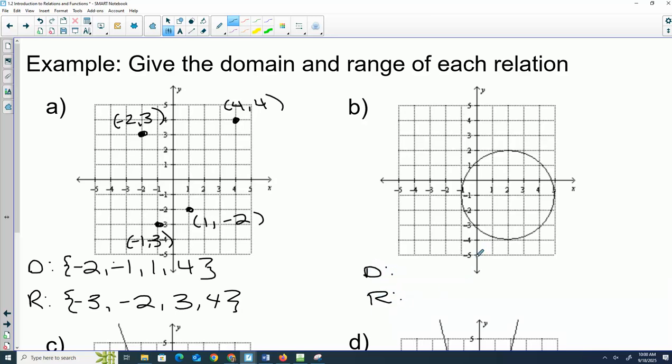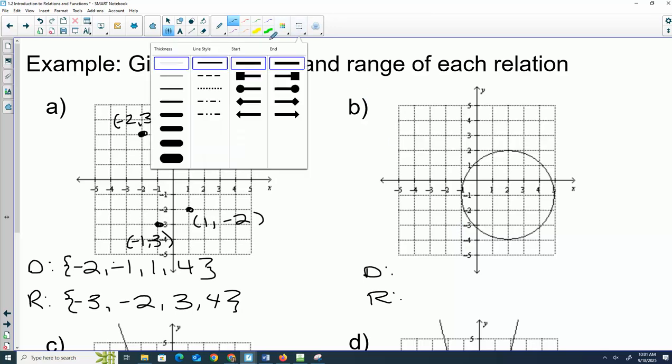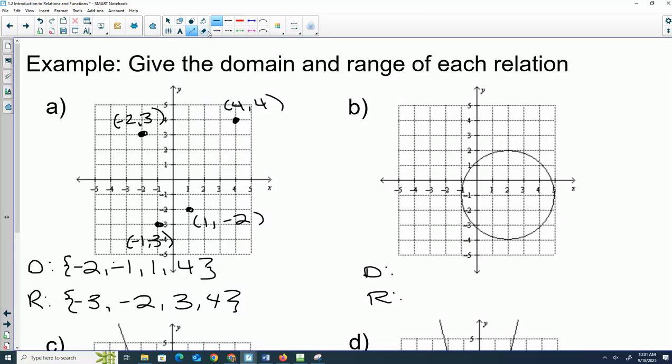B. So domain is referring to the x. So this one is a little bit different. I don't just have certain points, so we have to think about our x's. One way to do that is think about like if I took a vertical line. Okay, here's a vertical line.